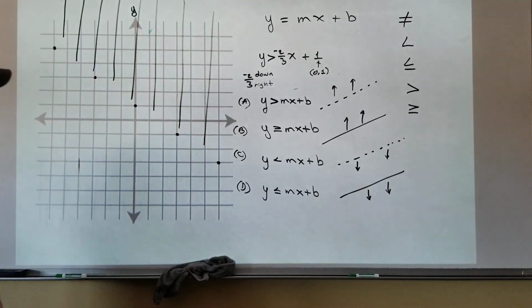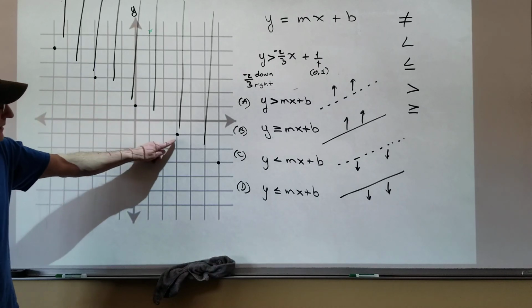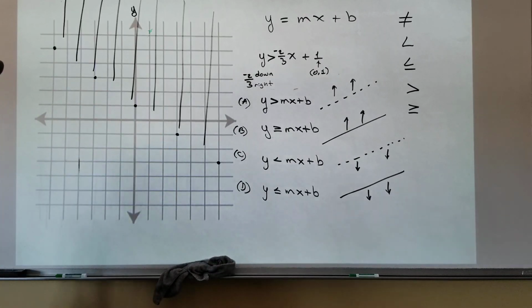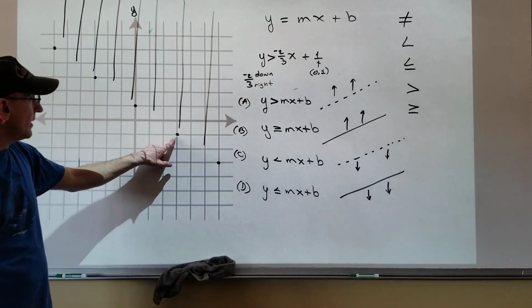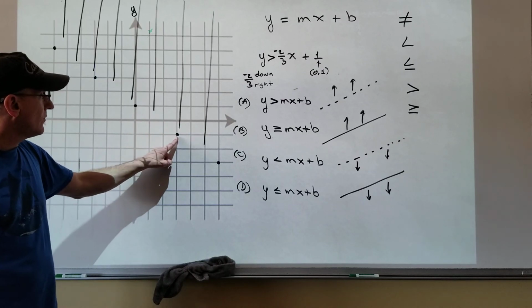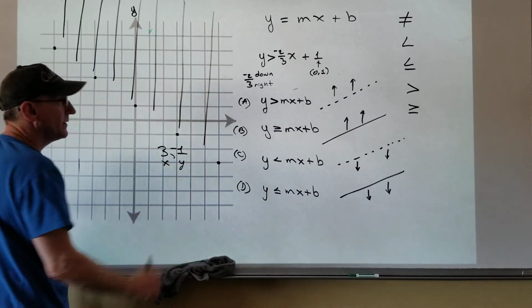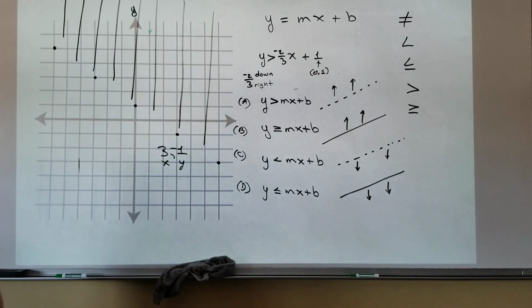But I'd rather demonstrate that something on this borderline is not a solution. And I think that to demonstrate that, I will go with this point right here. This is 3, -1, okay? I'm going to plug those in and show you that they don't solve that inequality.